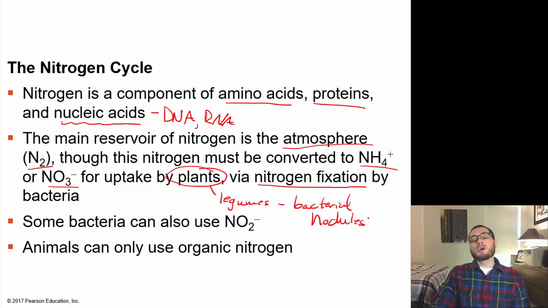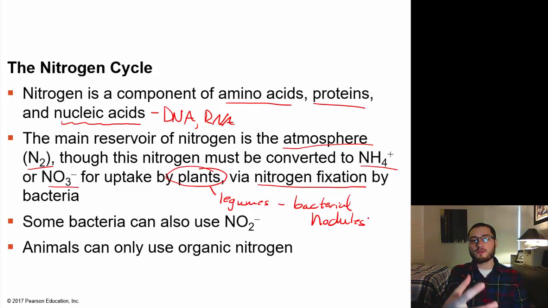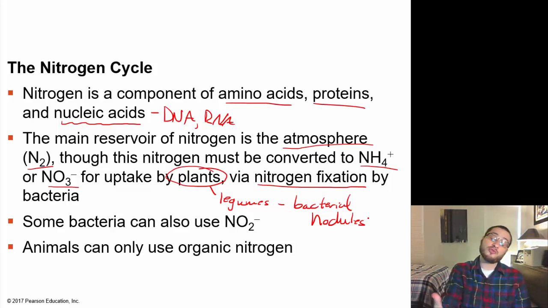These bacterial nodules are going to be able to fix nitrogen, or take nitrogen from the atmosphere and turn it into NH4 or NO3, in order for it to be readily available for organisms like us, for heterotrophs.